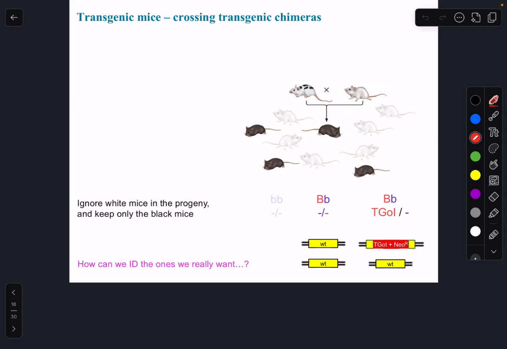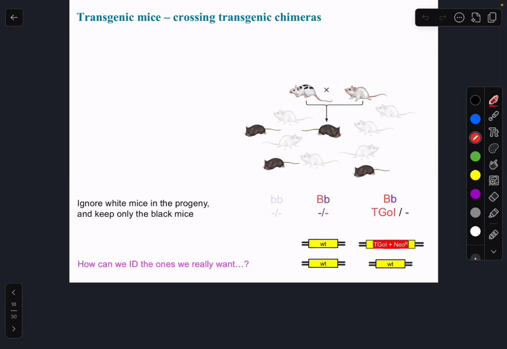And these mice are going to be black because they're heterozygote for the B locus. Right? Now, among these black progeny or dark brown progeny, what you're going to have are some that do not carry the transgene, but some that do.